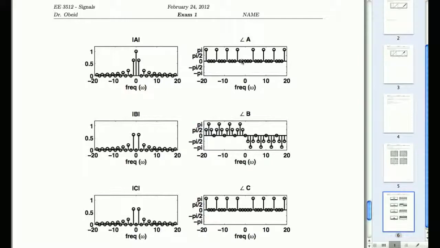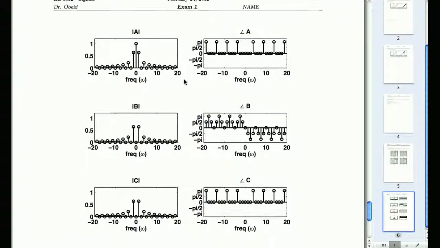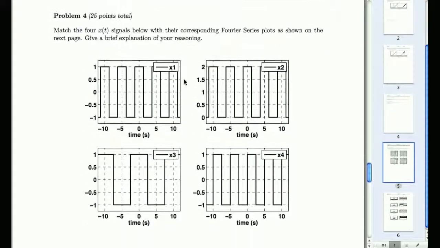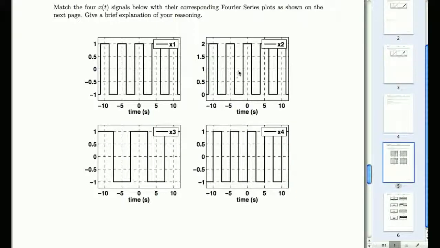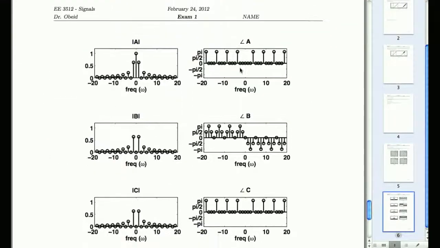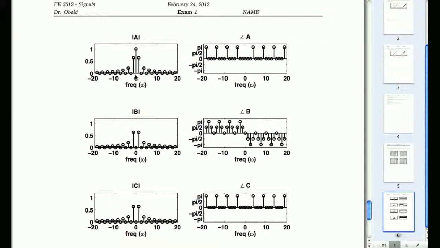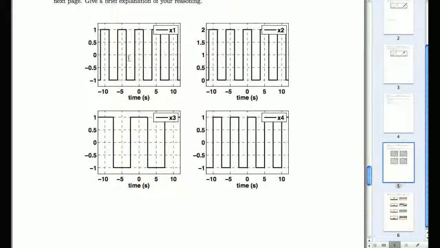But there's a cool thing that we could have known right away about X2. You guys remember our conversation about DC offset? DC offset is whether it's up or down. Now X1, X3, and X4 are all evenly balanced.